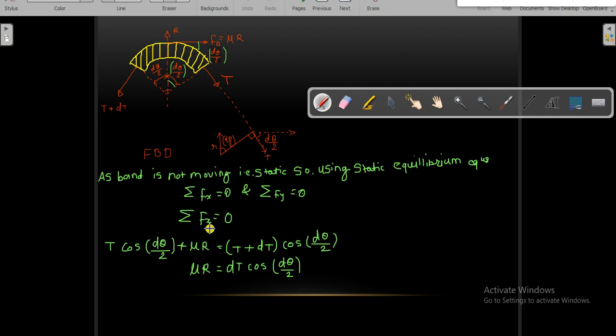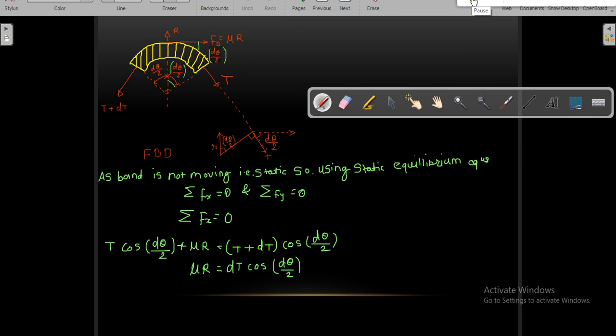So start with summation F of x equal to 0: T cos d theta by 2, that's the cos component of this T in the x direction, plus mu R, that is the friction force, equals the cos component of the total T plus dT, that is T plus dT into cos of d theta by 2. Finally we have got mu R equal to dT cos d theta by 2.